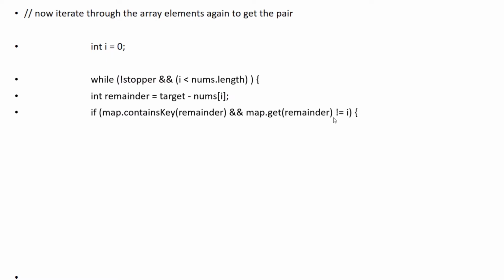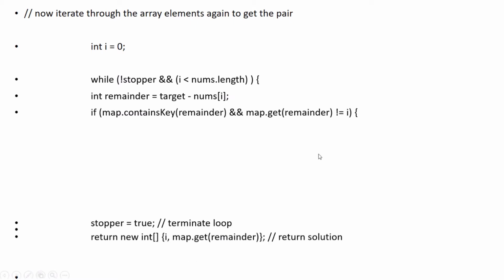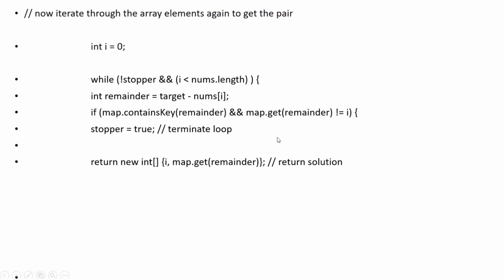So we make sure it is not taking the same index, so that it will not be adding to itself. If this condition is satisfied, we can return a new array.